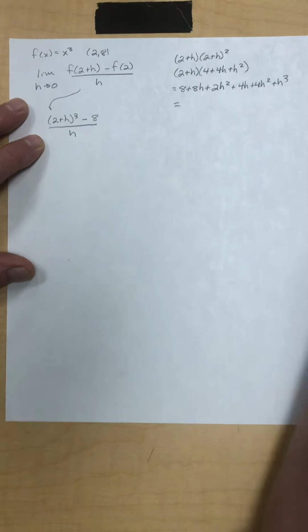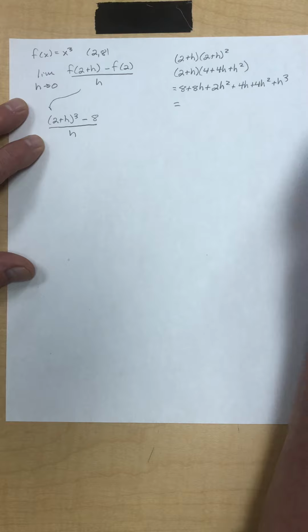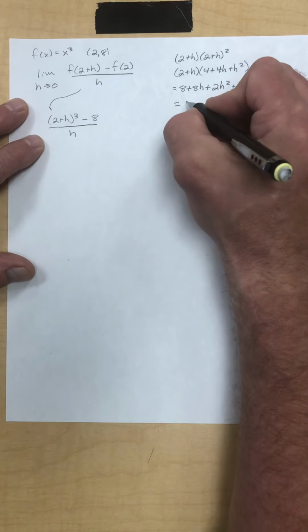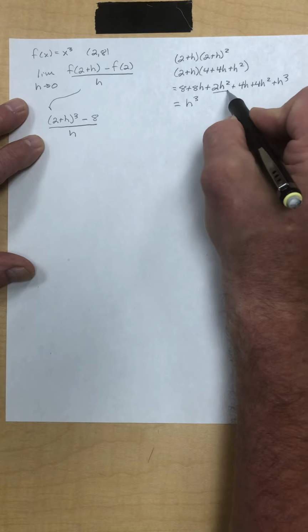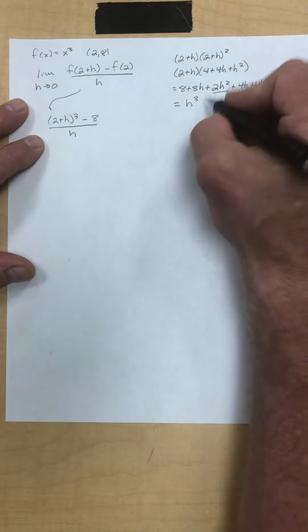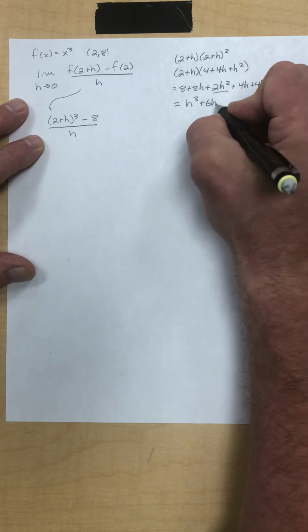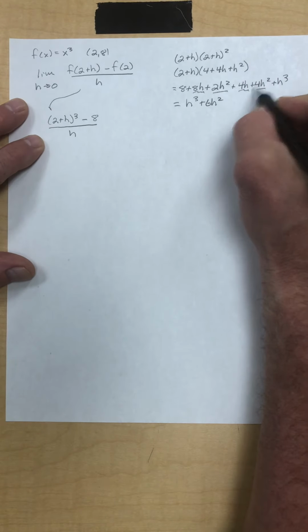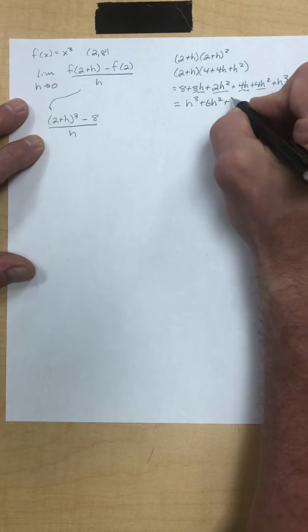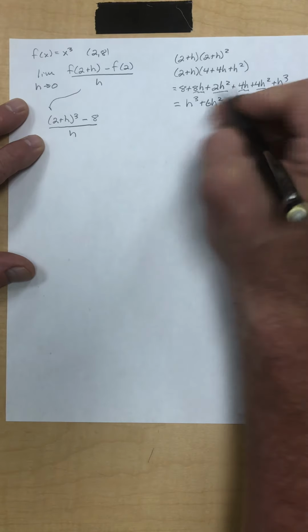And then we're going to collect similar terms. So let's see, I've got an h cubed. I have a 6h squared. I have an 8h and a 4h, so that's my 12h. And then I have this 8.